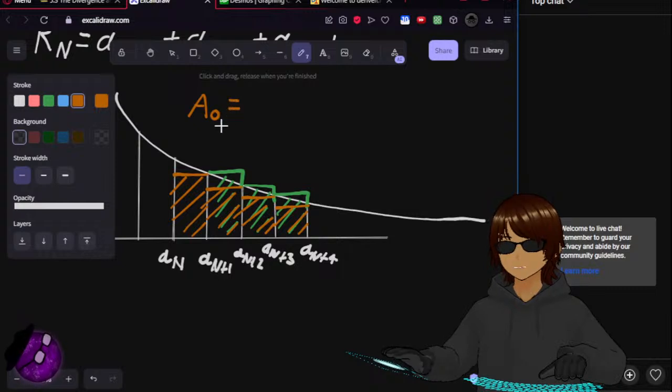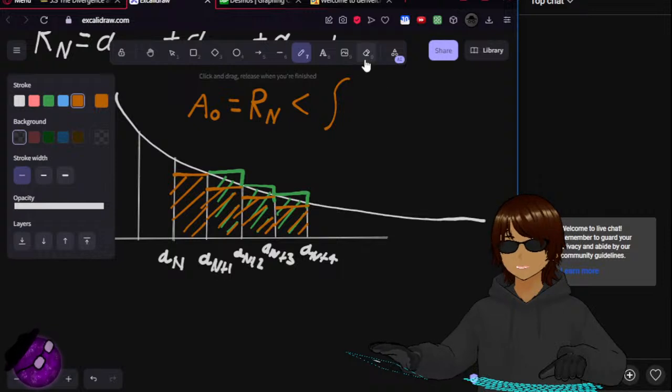So the orange area, starting from here, a_{n+1}. Basically, it's R_n, is what I'm trying to say. Orange area is R_n, and it's lower than... I got this wrong.